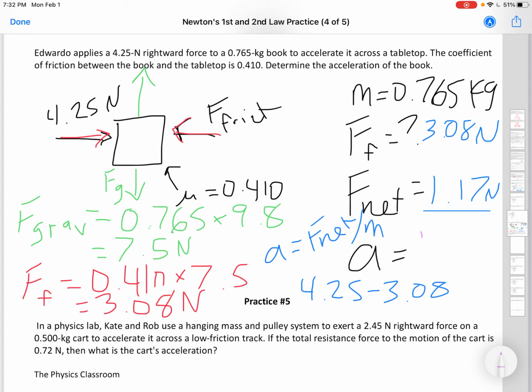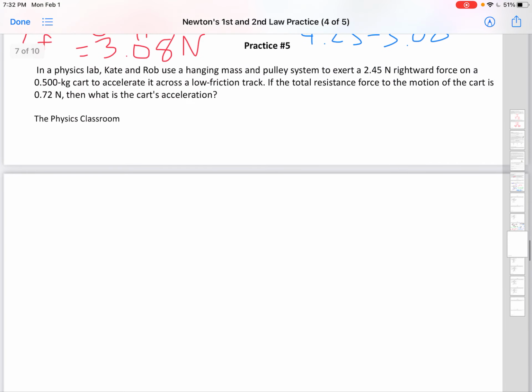Sorry, I'm running out of space, so I can't write that down. But 1.53. Whoa, what just happened? That's a 3. Meters per second squared. Okay, 1.53. We had to do all those steps to get to the acceleration. Luckily, for our quiz tomorrow, you won't have to do anything quite so complicated, but it's good to know for the future. It will come in handy.